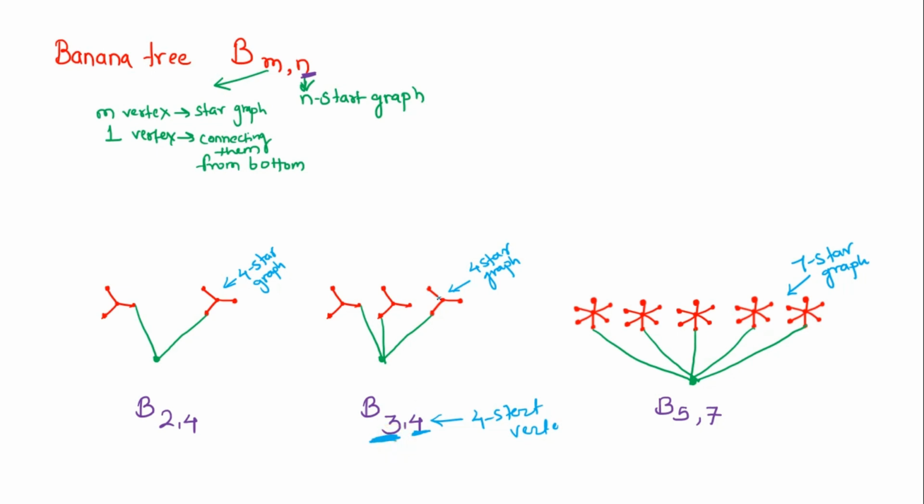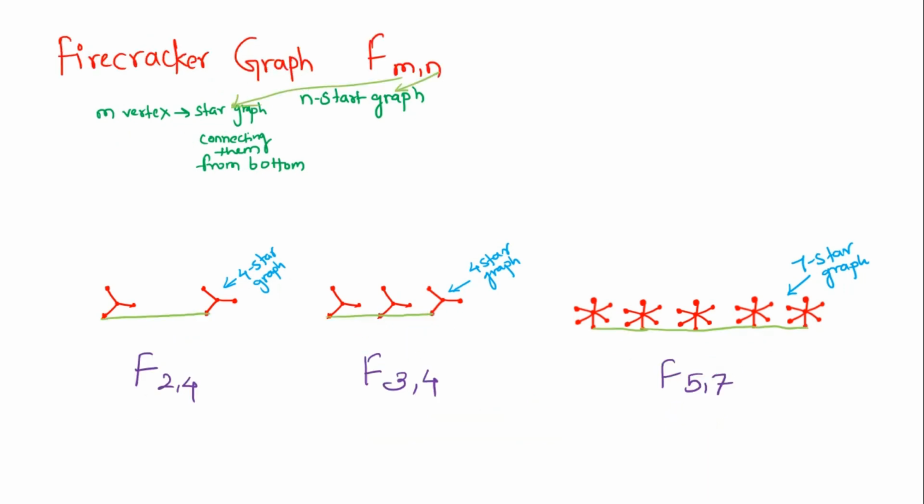So I need to draw the 4-vertex star 3 times, and after completing these 3 stars, I need to connect all of these star graphs by taking one point of each and combining them into some other additional vertex. This will be my banana tree.